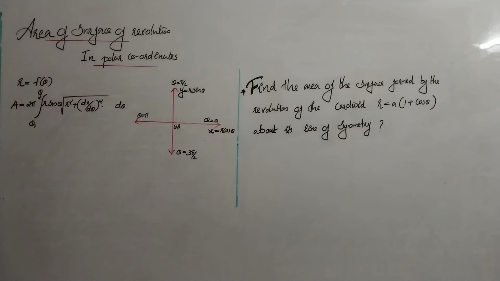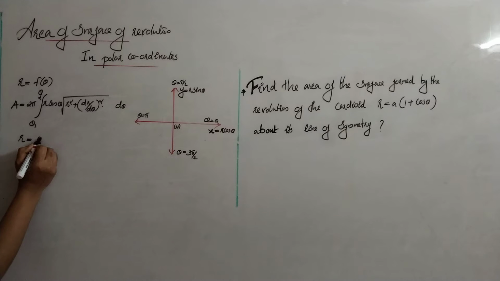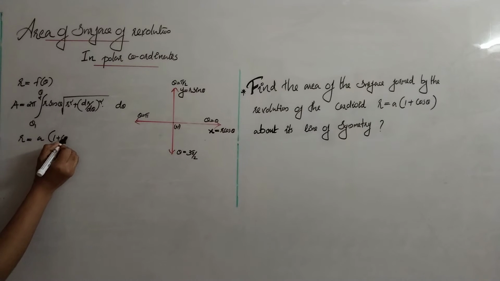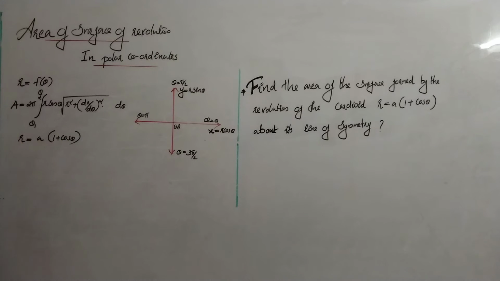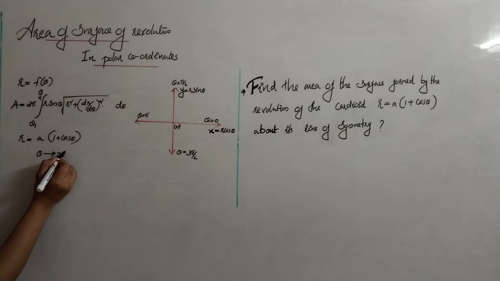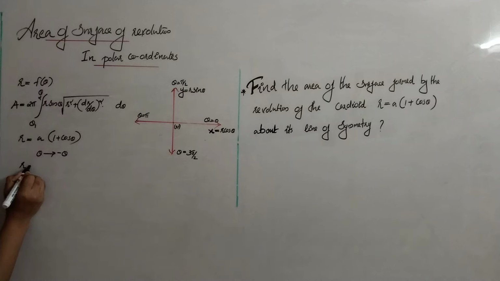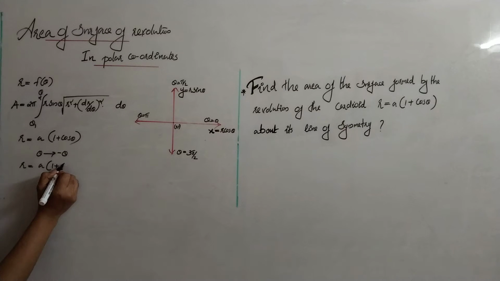And we know that the polar coordinates of x is r cos theta and that of y is r sin theta. Now look at the equation r is equal to a into 1 plus cos theta. If we change theta by minus theta, we can see that the equation has no change, that is r is equal to a into 1 plus cos of minus theta.